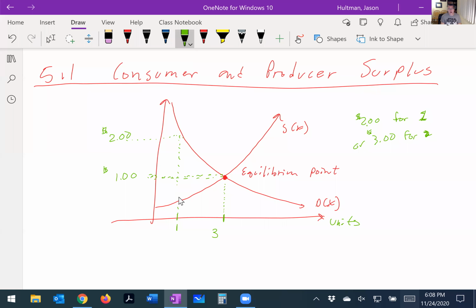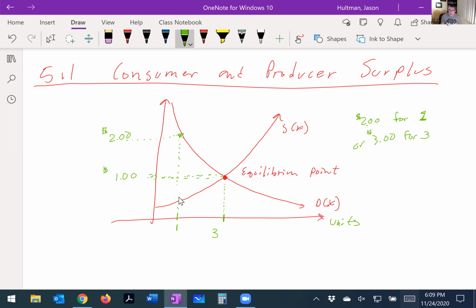This is what you're willing to pay. So I walk into the market and I'm willing to pay $2 for 1. That's what my demand curve says. Or, oh, this is for 3, sorry. Or I'm willing to pay $3 for 3, or $1 a piece.